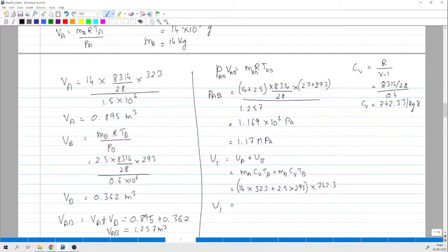So we know the initial internal energy, 3.91 megajoules.